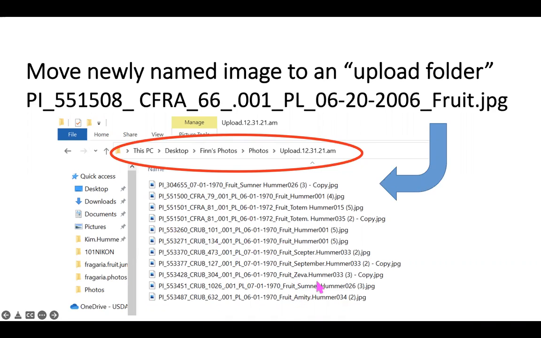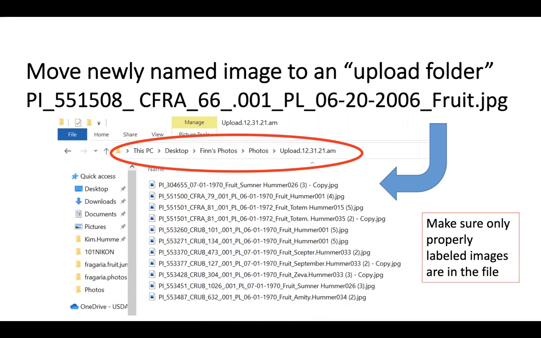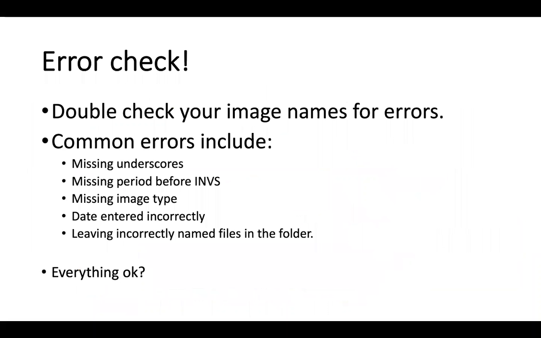In this case, they're all fruit images that are being uploaded. Make sure you only have the properly labeled images in this file. If there's any other images or folders in this upload file, that will cause some errors on the GRIN side. So double check your names.